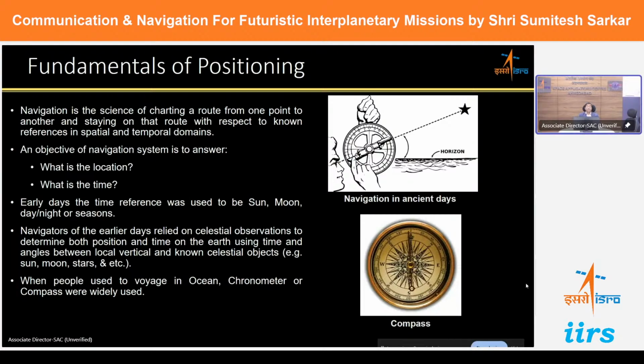Now, how can it be done? Historically, people have used different gadgets, and mariners, when they used to go to deep seas, used different kinds of compasses and other navigation aids to find out the direction.